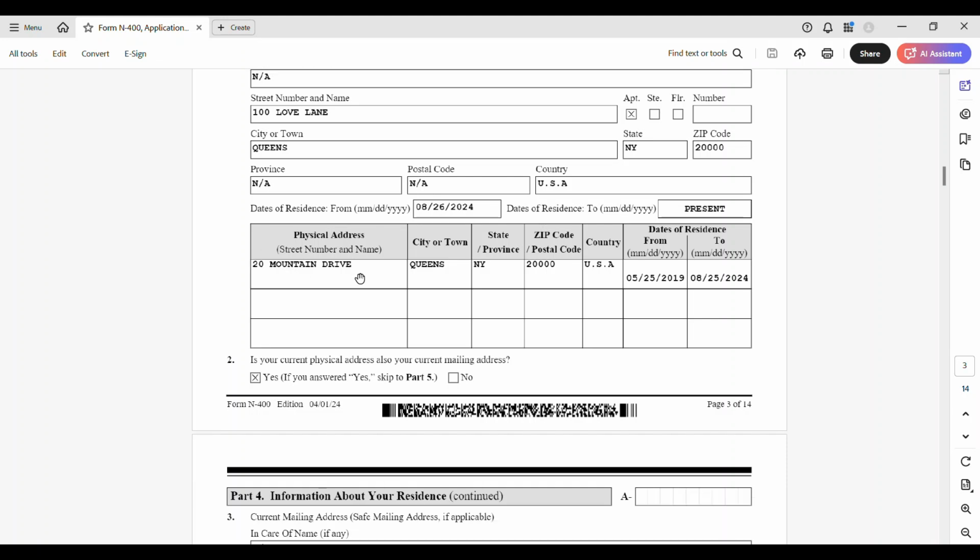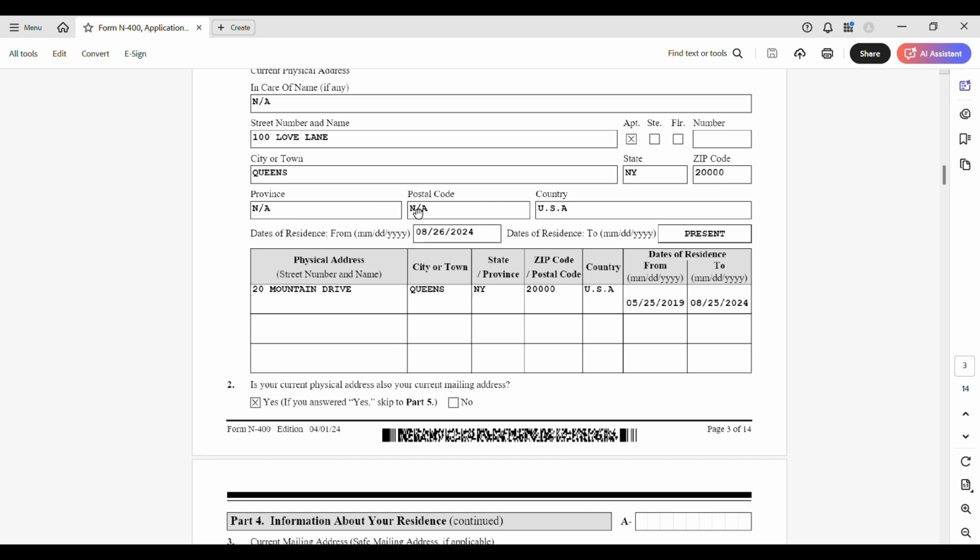In this space provided, this is now where you are going to account for any additional addresses over the required period. So in this case, we are accounting for the last 3 years. If this applicant was living at the current address for at least 3 years, then that would be enough.